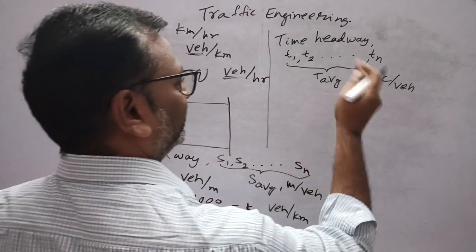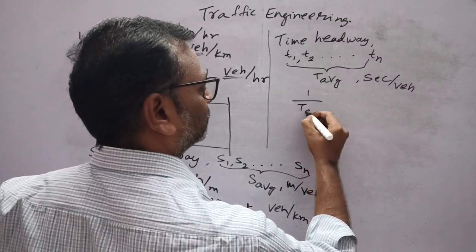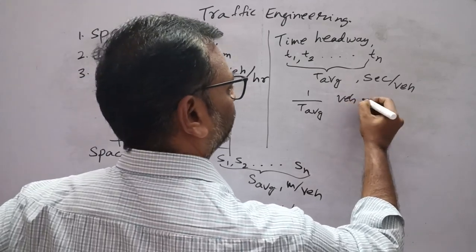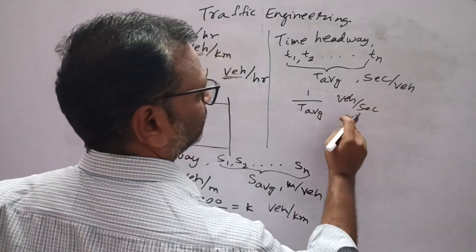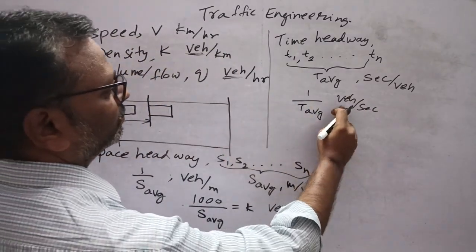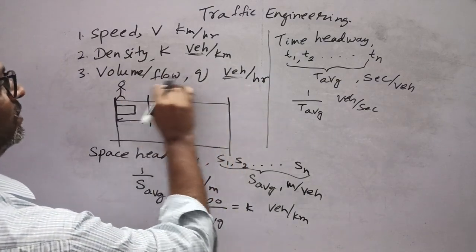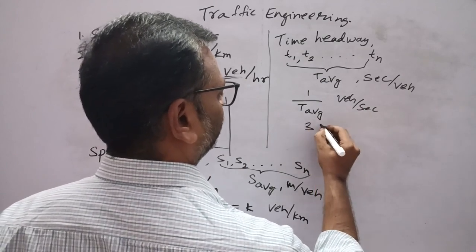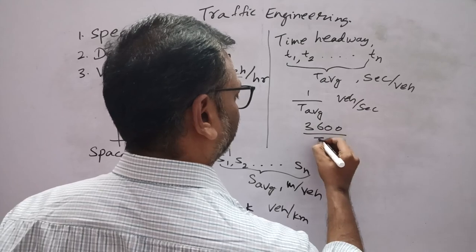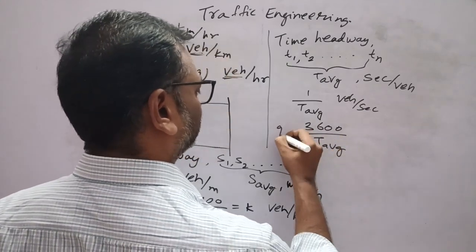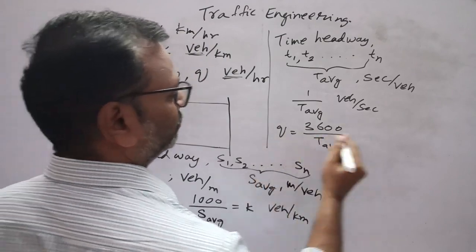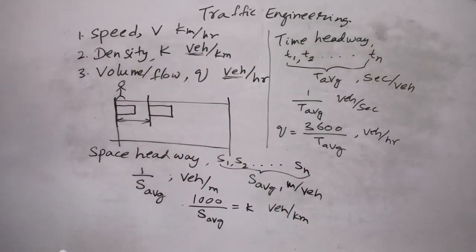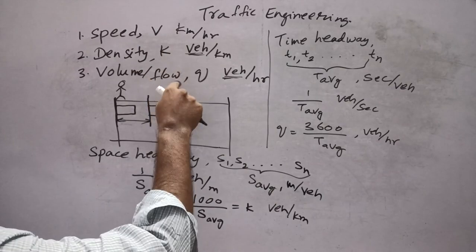If you take the inverse of this, we will get vehicles per second. Observe here, vehicles per time is the unit of traffic volume. Now you convert to hours, you get 3600 by average time headway, and you get flow or traffic volume in vehicles per hour.